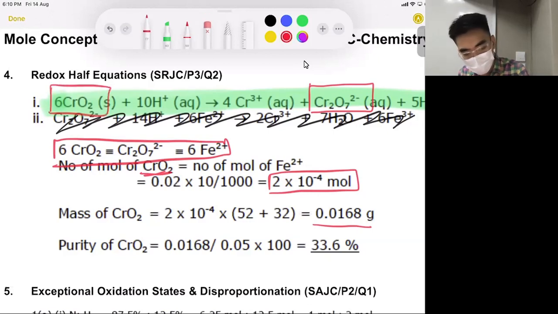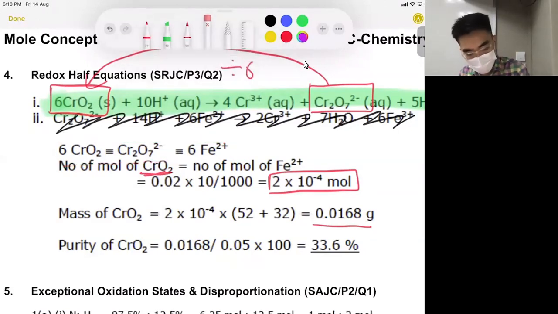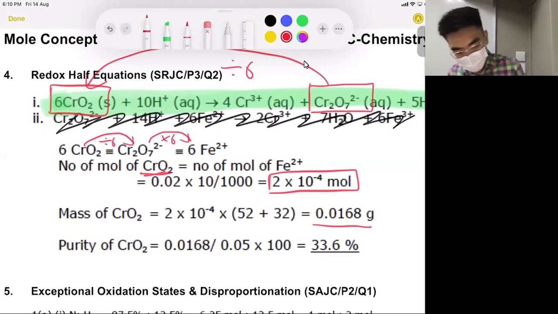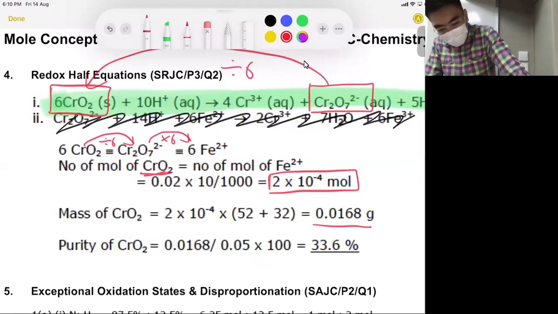This is 1:6. You see this, the ratio of Cl2 to Cl-, which is the same as the ratio of iron to this.